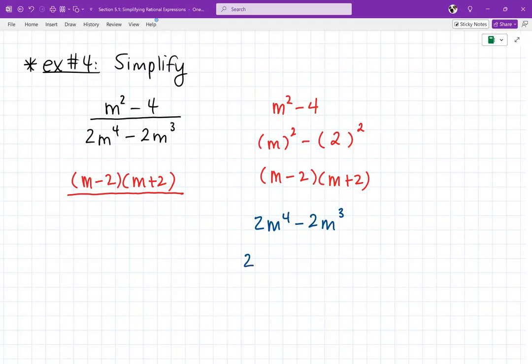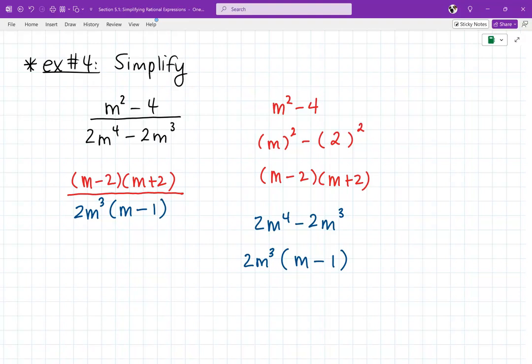A 2 and m to the, not even second, I can go higher, to the 3rd. They both share at least m cubed, right? One has 4, one has 5, so they both have at least 3. So when I do that, I'm going to take 2m cubed out. So when I reduce this, it's going to be m minus 1. So let me put that right here. 2m cubed times m minus 1.